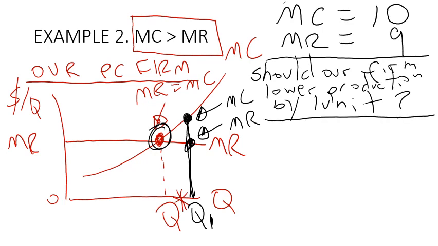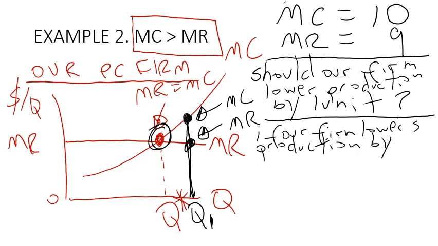So, if our firm lowers production by 1 unit, then what's going to happen to TR?